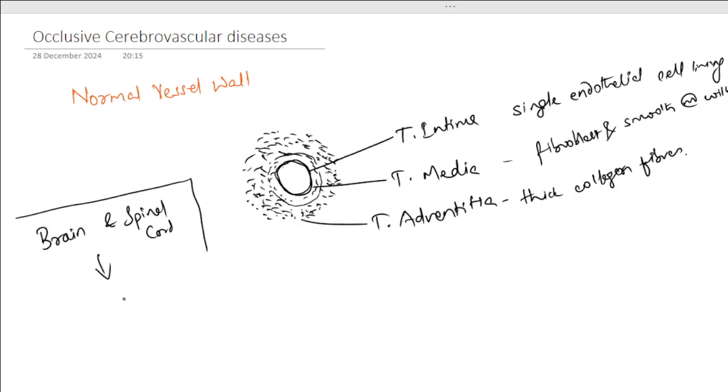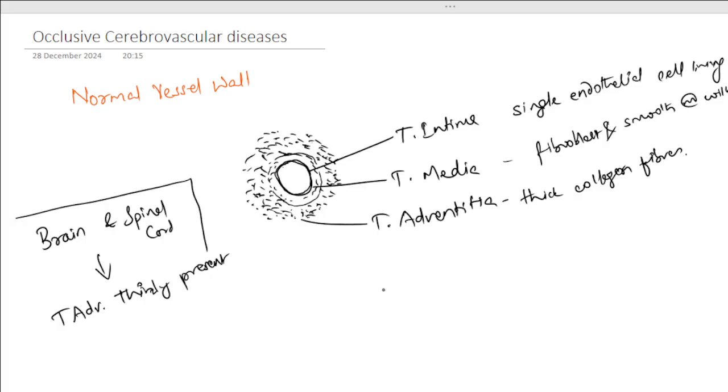Do you know this is different? Tunica adventitia is very thin. The elastic lamina is very thinly present, so the elastic lamina between adventitia and media is almost less apparent.